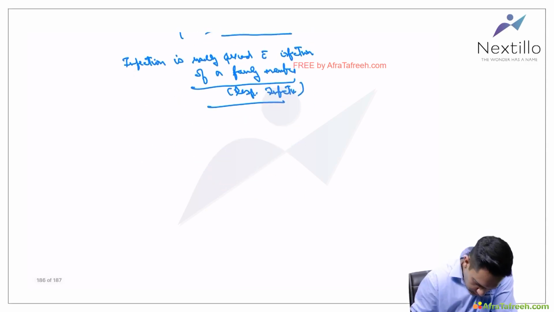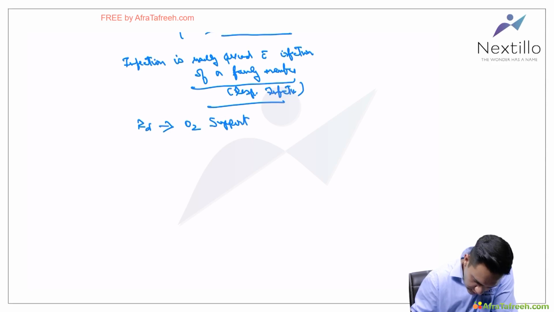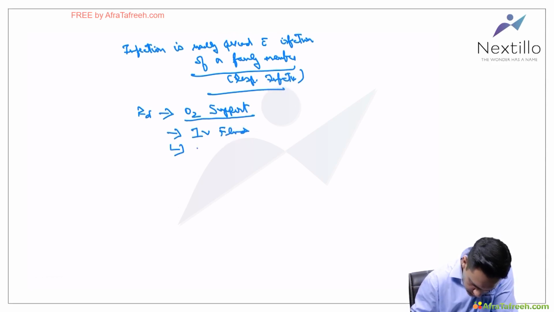What is the treatment? Treatment is first of all oxygen support. Warm, humidified, moist oxygen has to be given. IV fluids, and if respiratory distress is present, we can sometimes use nebulized ribavirin.